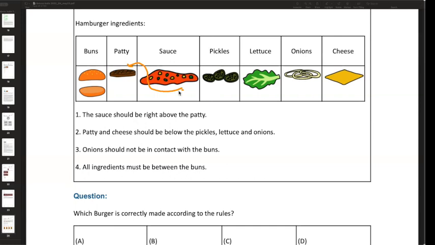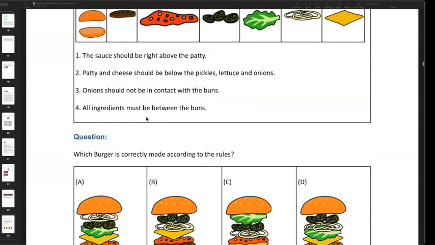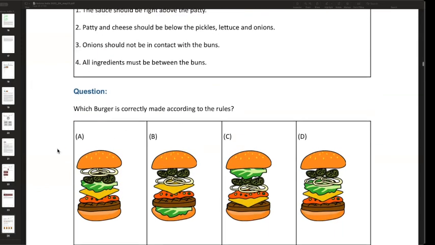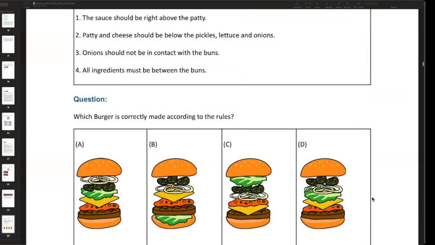And then the patty and cheese should always be below the pickles, lettuce, and onions. And then the onions should never touch the buns. And all the ingredients should be inside the two buns. Everybody understanding so far? Then the question is, of these four burgers, which of them is assembled correctly?